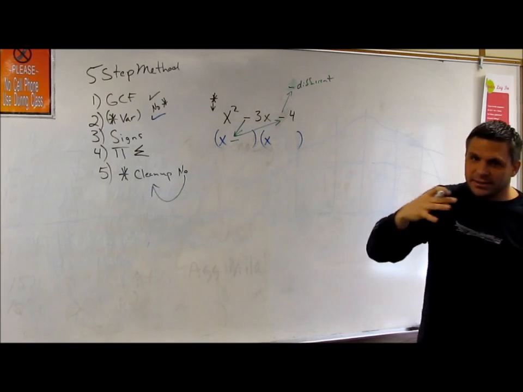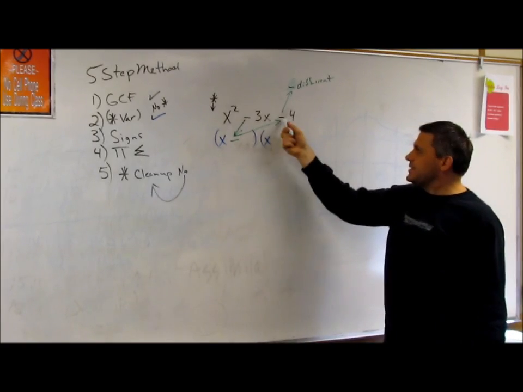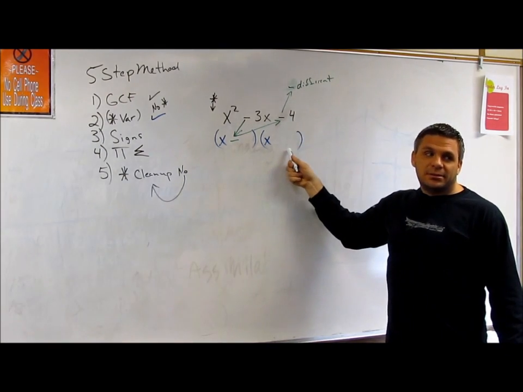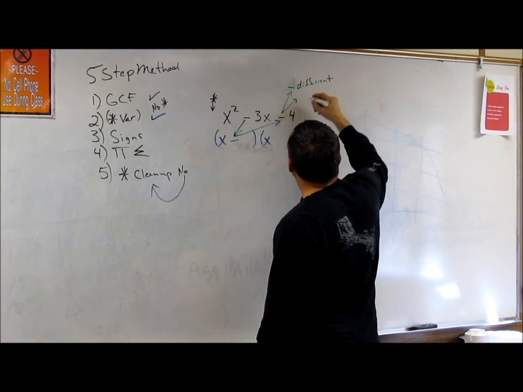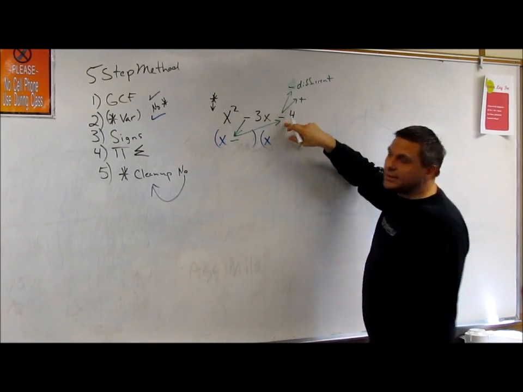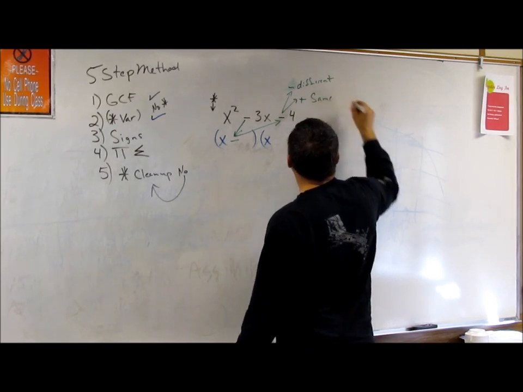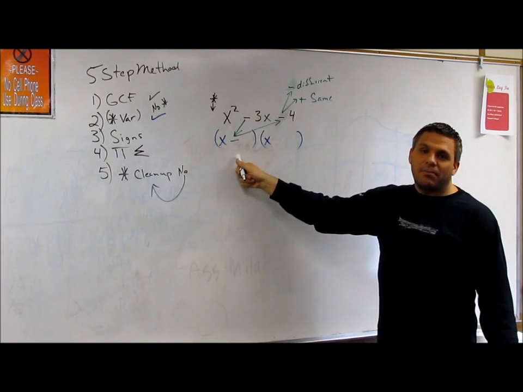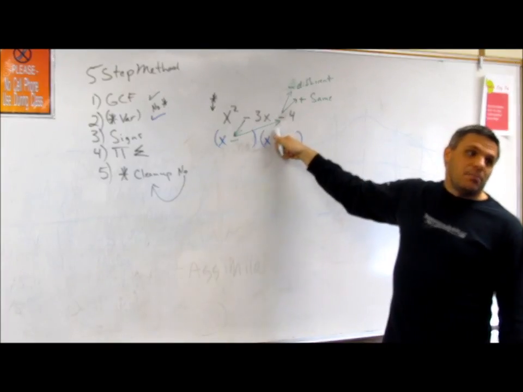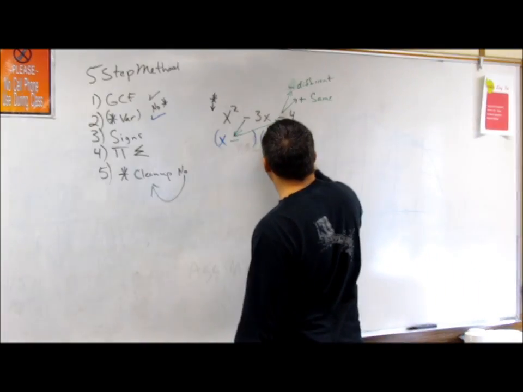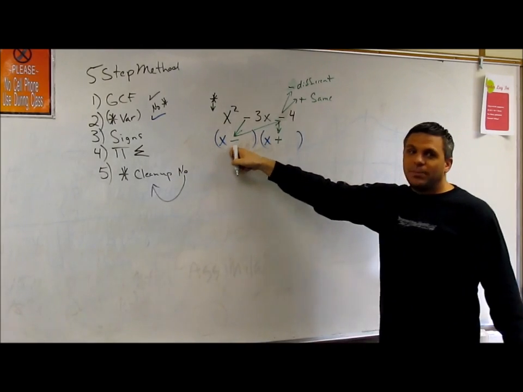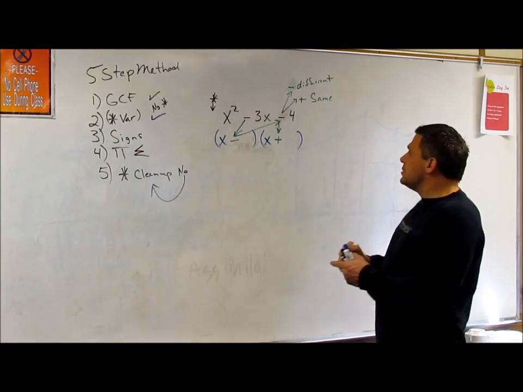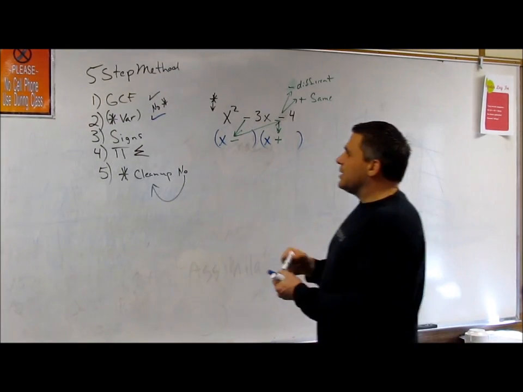Different, minus. So if it's a difference problem, then these two signs will be different. If this sign is a plus, then they will be the same. So when this sign is a plus, these two signs are the same. But if this sign's a negative or a minus, it tells me that they are different. So one's a minus, and the other has to be a plus. Okay? So signs is taken care of.